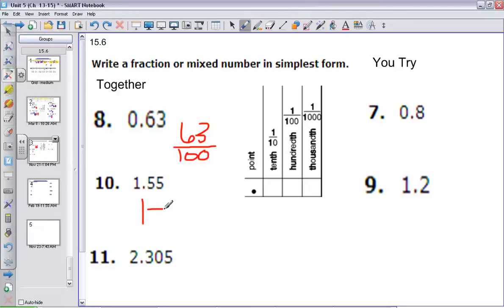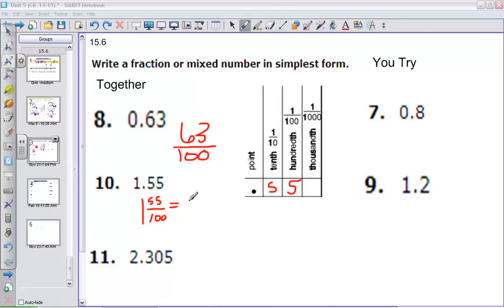Alright, let's take a look at my next one. I've got 1 and 0.55, which is going to be in the hundredths spot, so I'm going to have it out of 100. 55 is my numerator. Rules of divisibility tell me that I'm going to have a common factor here.